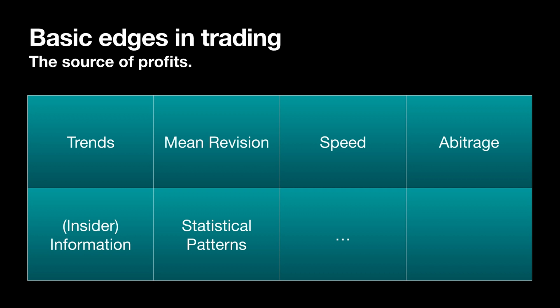Arbitrage is another form of a basic edge in the market, so that you trade, for example, two similar instruments or two similar commodities or options or whatever against each other, and only realize the difference if both similar instruments are priced differently.